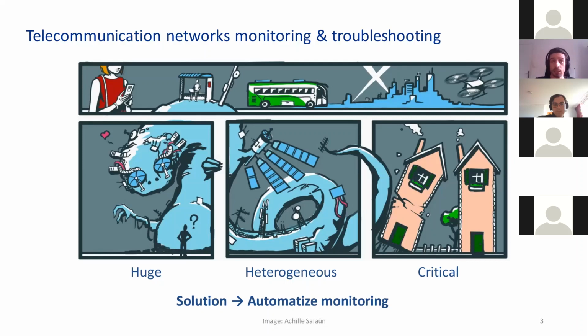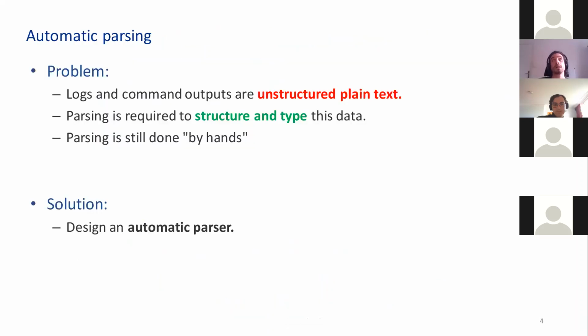We're currently doing that in many fields of research, but there's one obstacle which remains, which requires a lot of work: parsing. The way our networks provide us information is based a lot around logs and command outputs, and all of these are unstructured text.